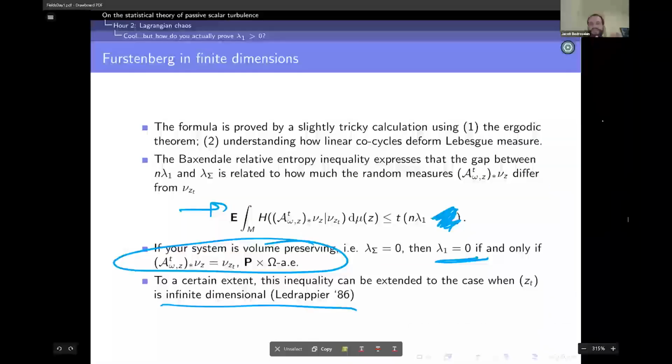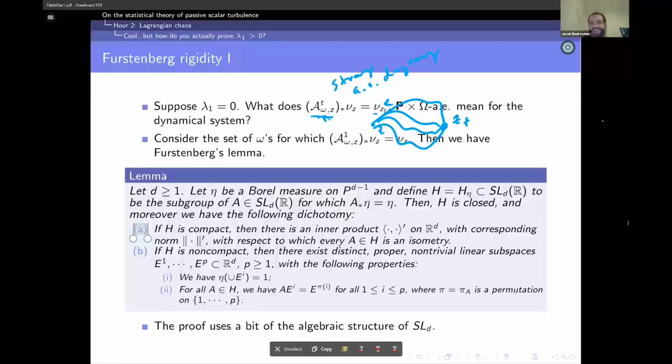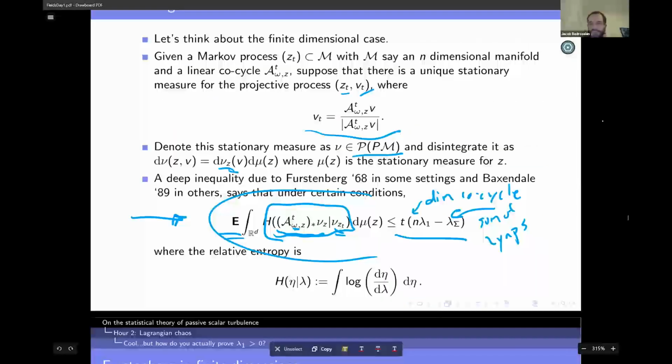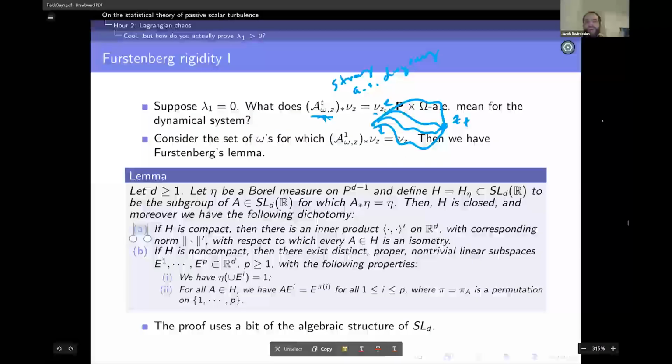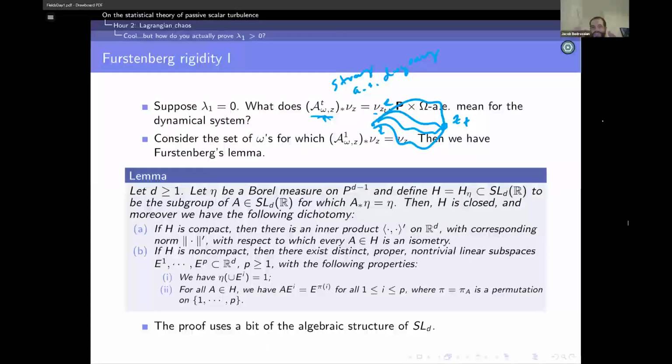So now, how do you get from this weird measure theoretic degeneracy to this intuitive thing? This basically goes back to Furstenberg, which is this beautiful lemma about one matrix, or sorry, the subgroup of matrices preserving a specific measure on projective space.